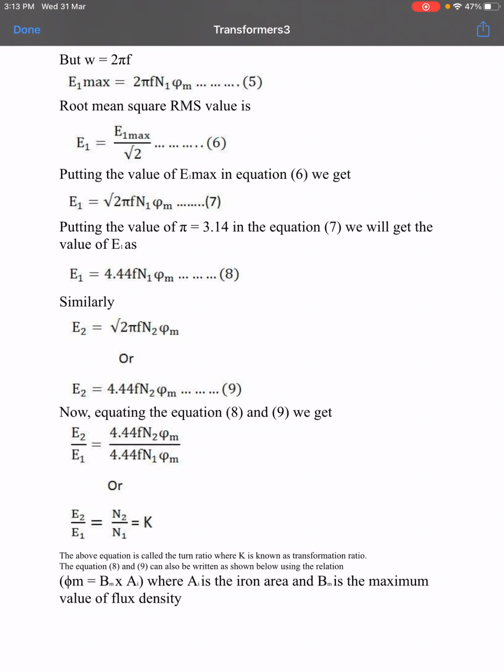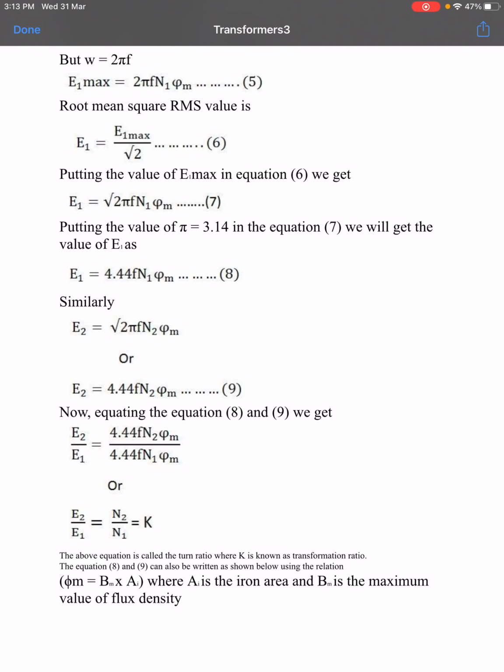This is about the EMF equation of a transformer. We have primary induced EMF as well as secondary induced EMF. The primary induced EMF comes from self induction, and the secondary induced EMF from the mutual induction principle. Here 4.44 and f are constant values, while flux is a variable.